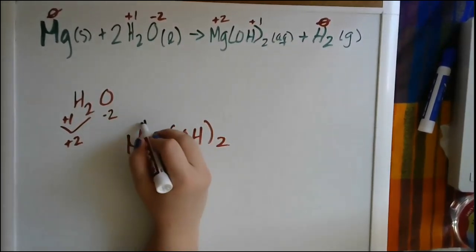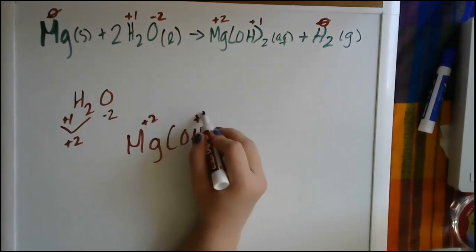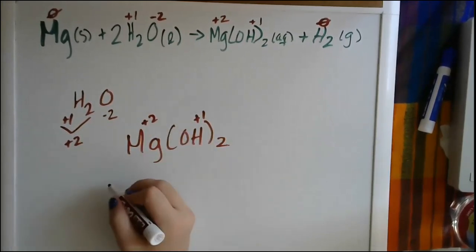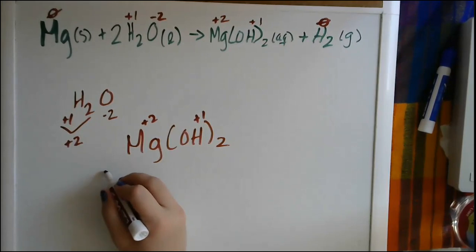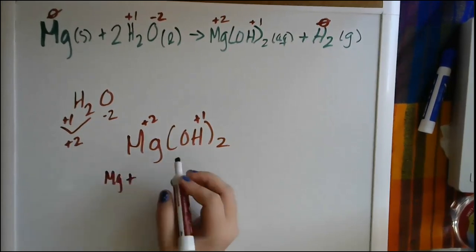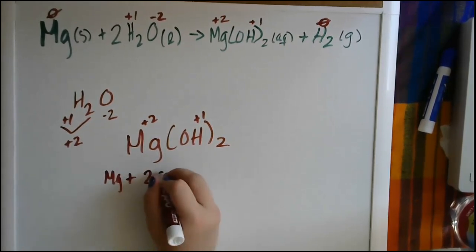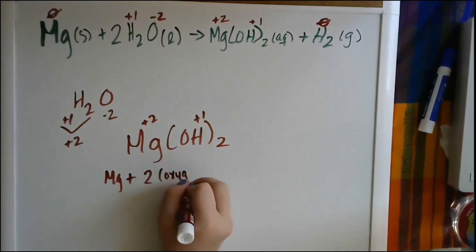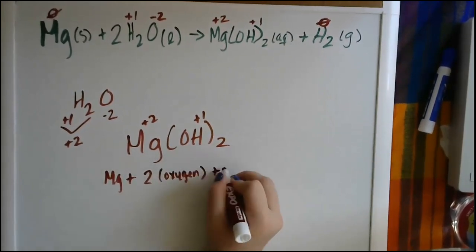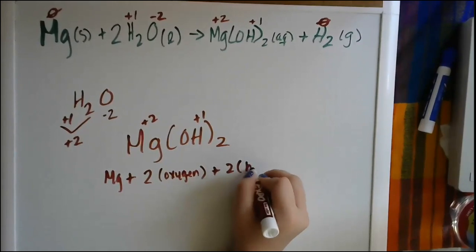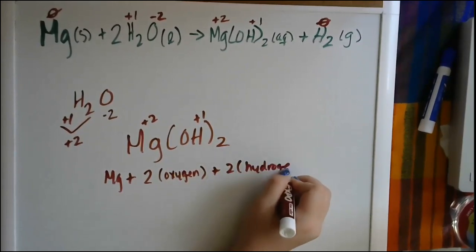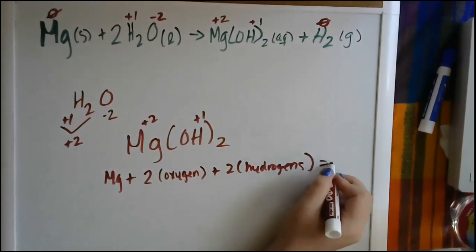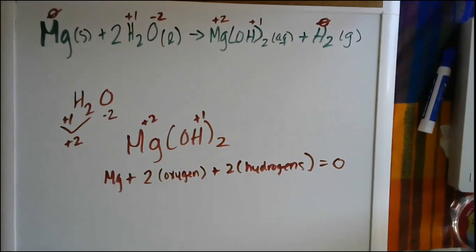We know that magnesium is +2, and each hydrogen is +1. That means magnesium plus 2 oxygens plus 2 hydrogens are going to equal 0, just like what we were doing before.